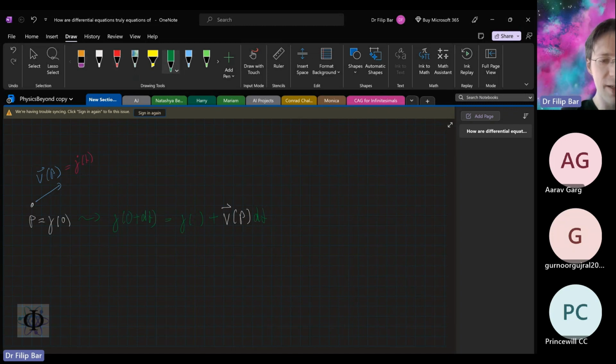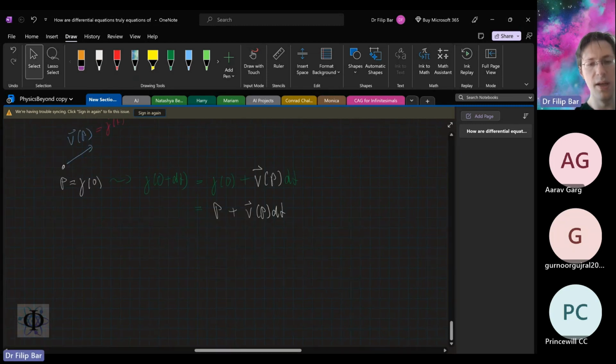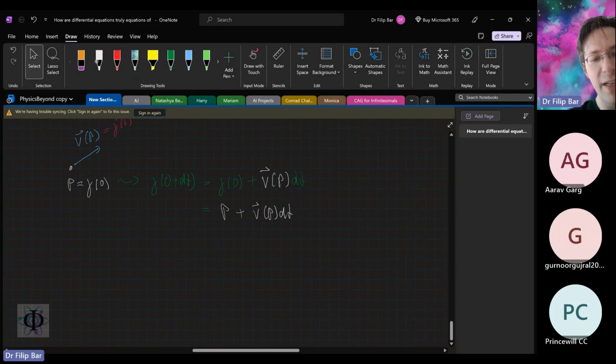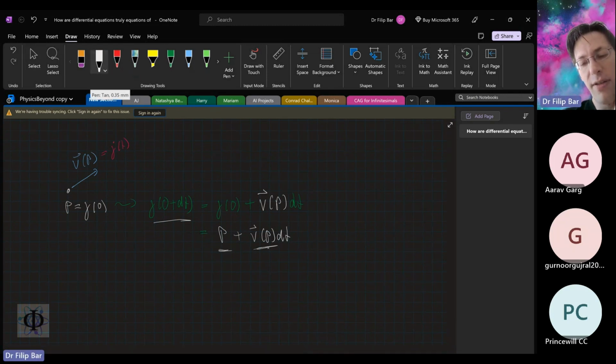Of course, I need to start with my initial value. So this is gamma 0. So I can say, this is p plus v of p dt. Well, that's awesome, because now I can calculate the next step of my particle from the information that I've been given: the initial value, the vector field, and of course this time step dt.